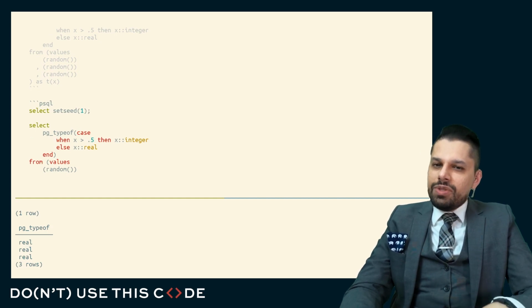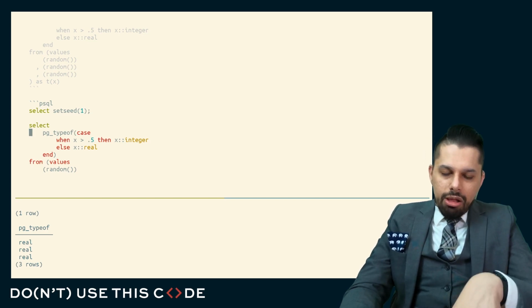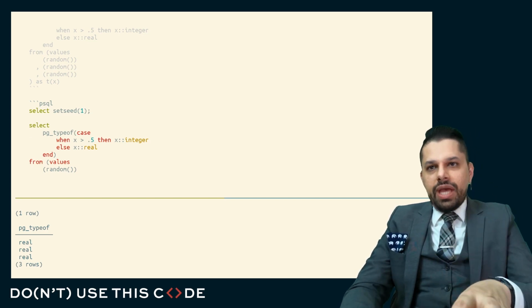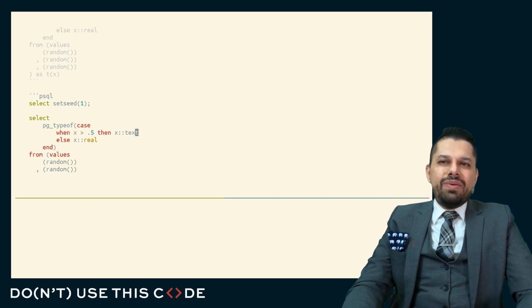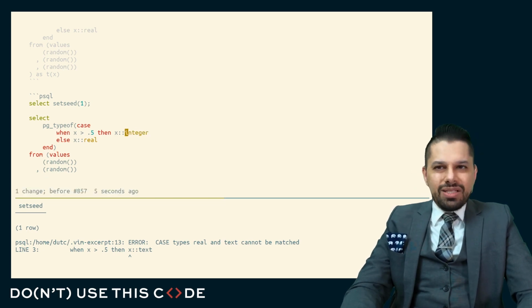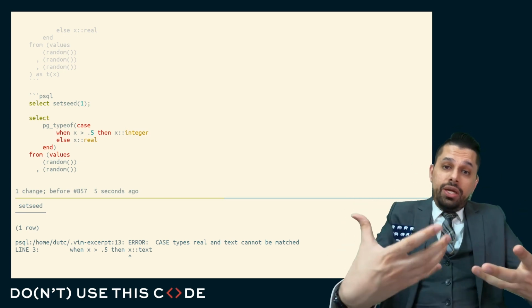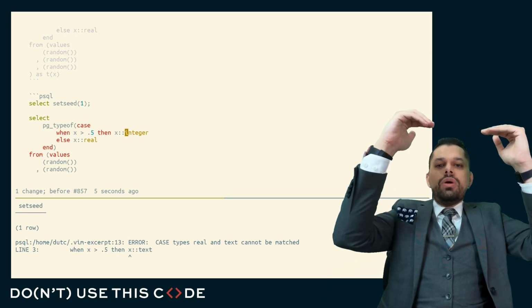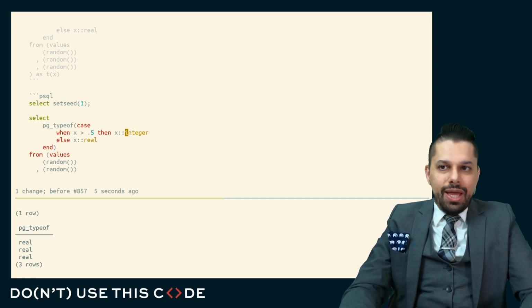One of the things is that types do matter in Postgres because Postgres is strongly typed. A column has one type, and it can only have one type. And so if I tried to do something really weird here, like make this a text together with a real number, Postgres says that's not possible. There's an implicit coercion where it's taking that integer value, creating an integer value, but then lifting it up the numeric tower to the closest compatible type, which happens to be this real type.